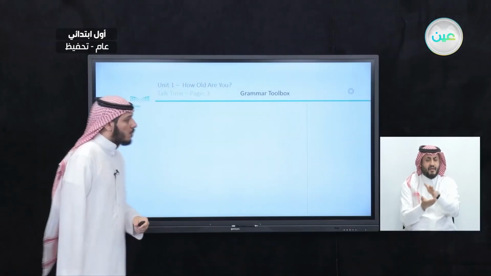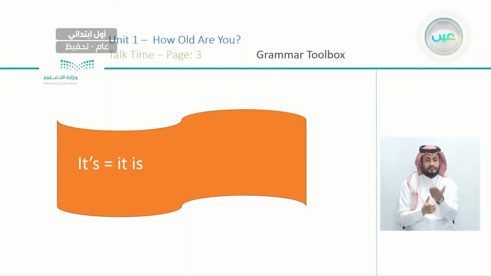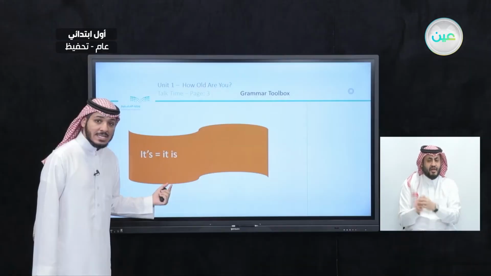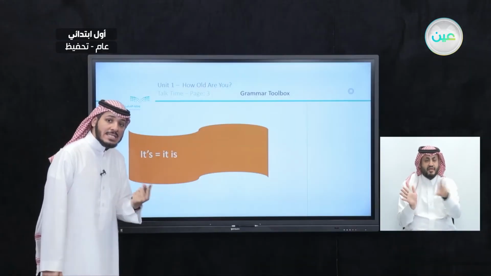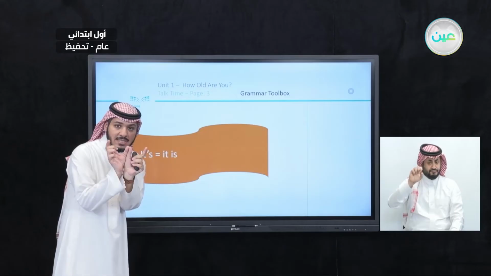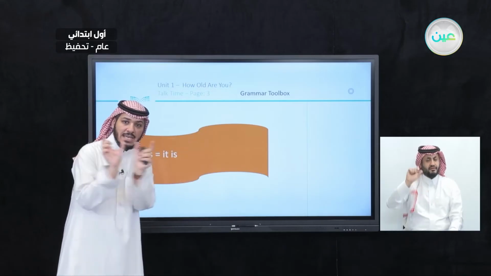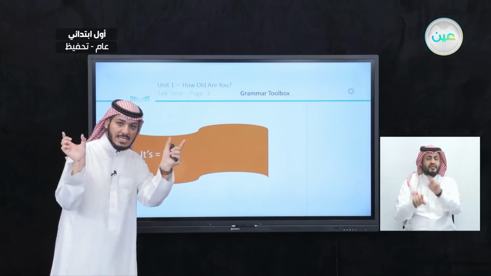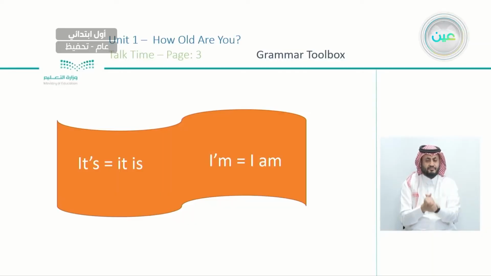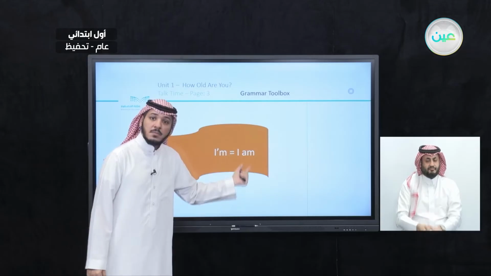Okay, now we have grammar toolbox. It's equals it is. So you can say what? It's, and you can say it is. It's or it is. And you can say I'm or I am.